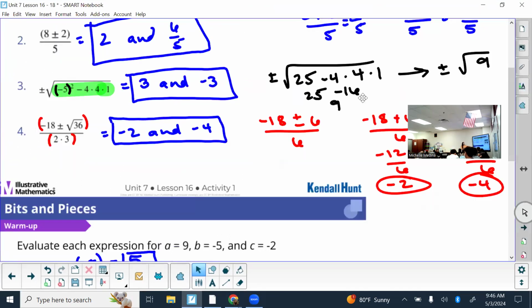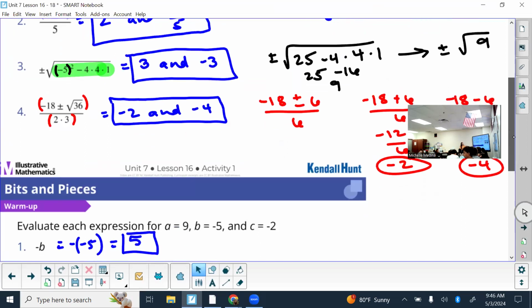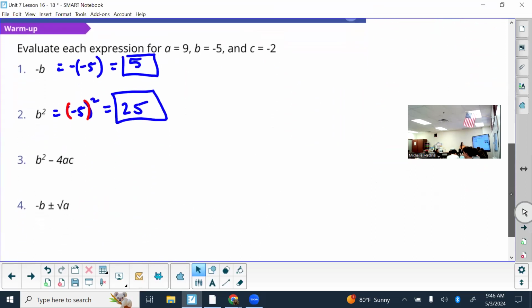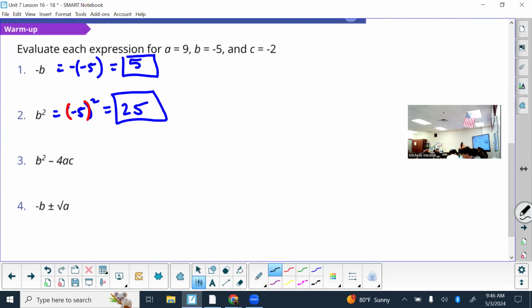Okay. Now this over here, number 3, the b squared minus 4ac, that is what's usually under the square root symbol in your quadratic formula. That we call the discriminant.